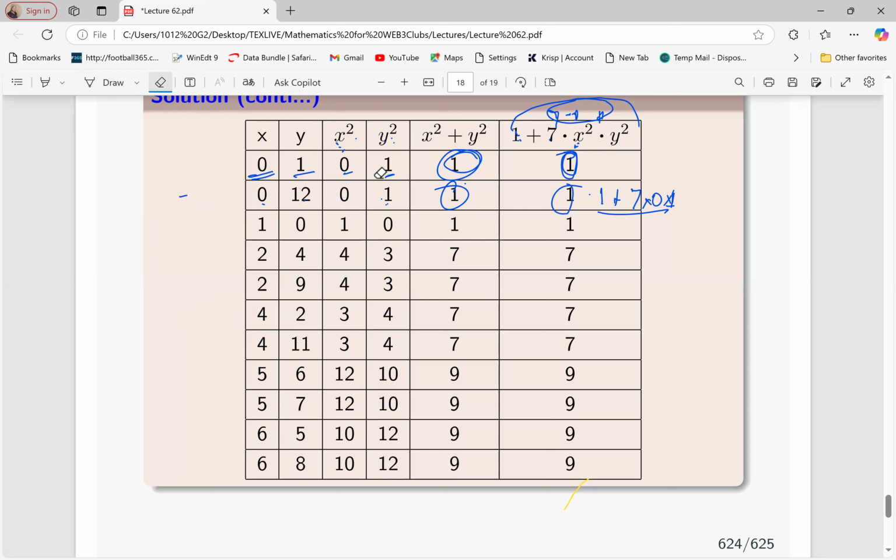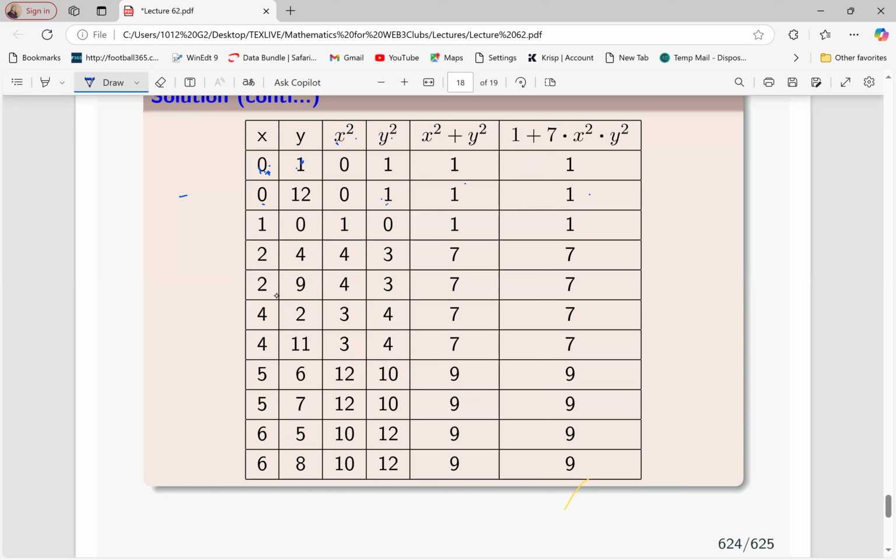But I want to give you an assignment to write a program that will go through all this and give you all the solutions. Otherwise, without a program, it's a lot of work. You can see when I tried 0, you have to try 0 and 1, 0 and 2, 0 and 3, 0 and 4, 0 and 5, 0 and 6, 0 and 7, 8, 9, 10, 11.